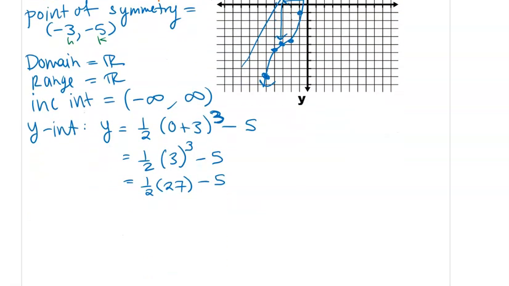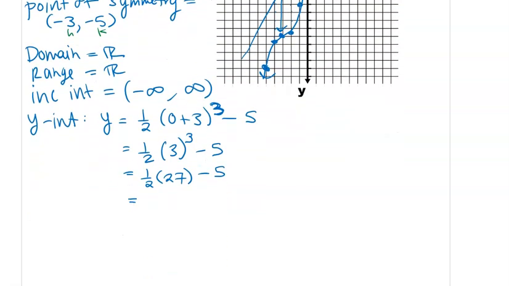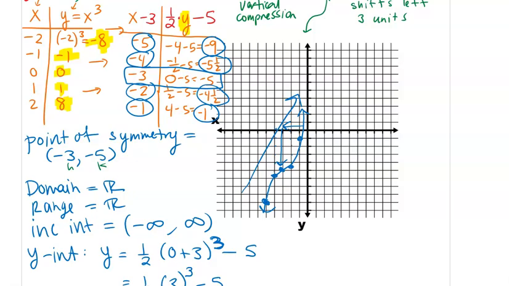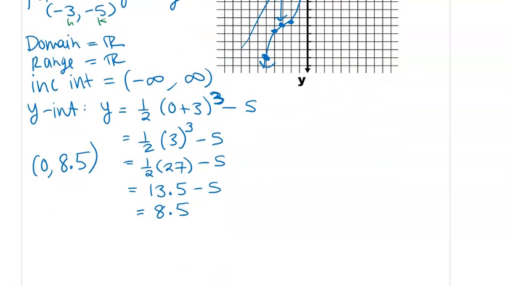And then I have to take half of 27, which would be 13.5, and then I subtract 5, which would be 8.5. So my y-intercept for this graph would be at 0, 8.5, which if I look at my graph here, it's going up pretty quickly, so it makes sense to me that it's going to have to go all the way up to 8.5 on the y-axis before it actually crosses the y-axis. So I'm going to lock that answer in because it's corresponding to my graph.